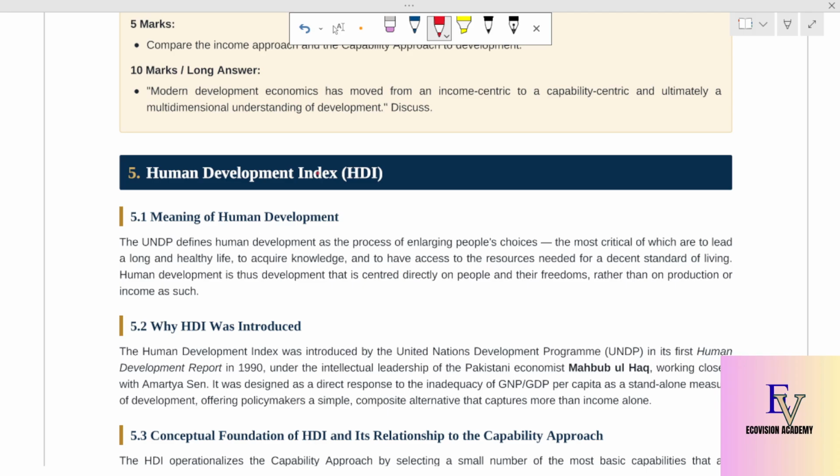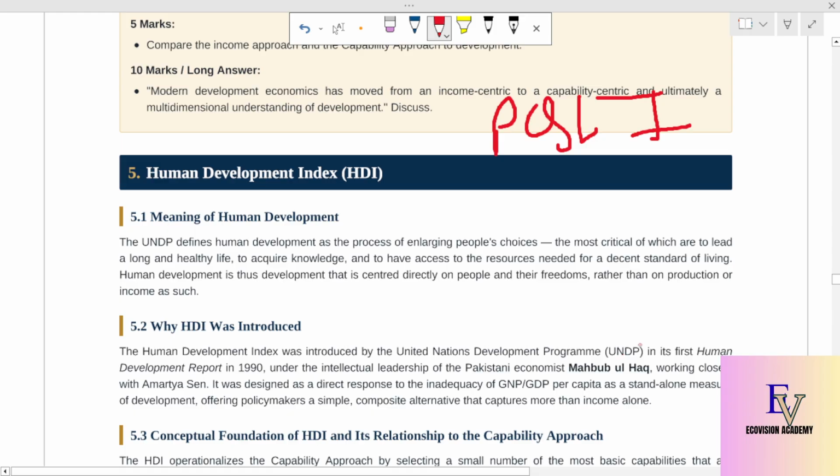The Human Development Index was introduced by the UNDP. But the first thing which came into the market was PQLI, the Physical Quality of Life Index, and it was given by a Pakistani economist. The economist's name is Mahbub ul Haq.